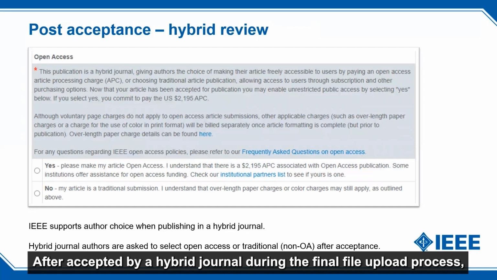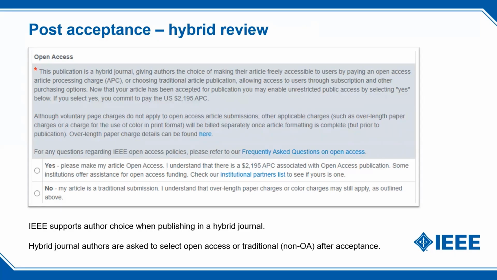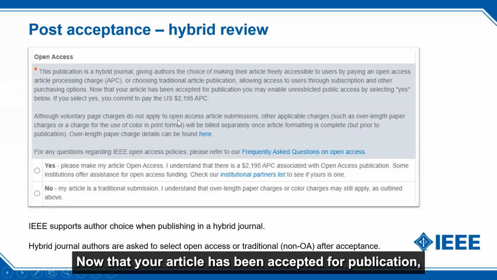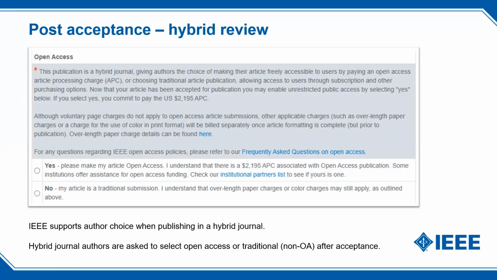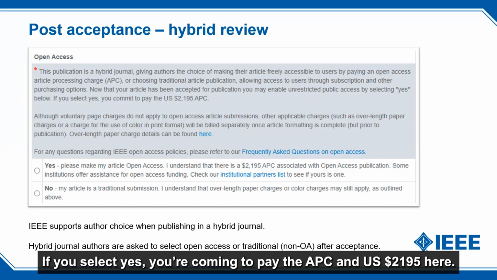After acceptance by a hybrid journal, during the final file upload process, the author will be asked to select open access or traditional. You can see here, now that your article has been accepted for publication, you may enable unrestricted public access by selecting yes below. If you select yes, you commit to pay the APC.